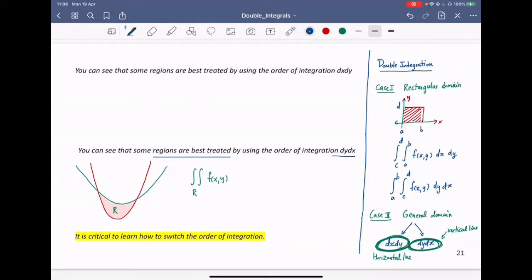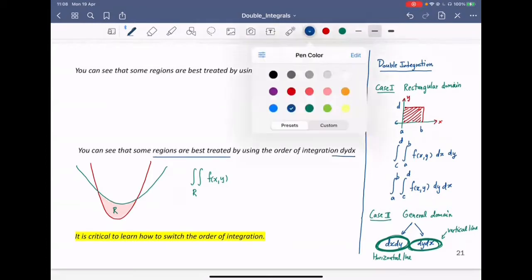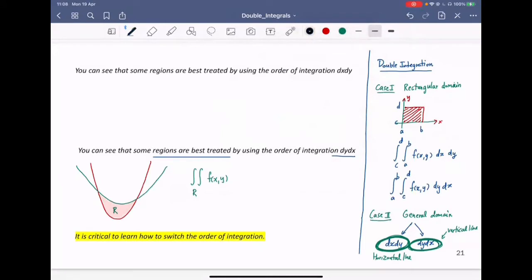Because if you do the vertical cut, every time you integrate, you're going to go from the red curve to the green curve all the time. And that would make the work a lot easier for you.